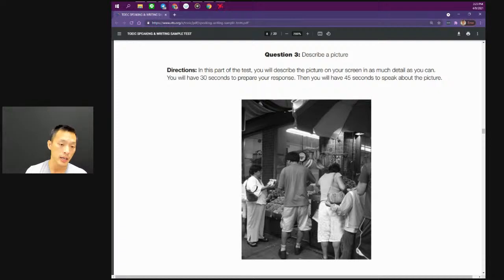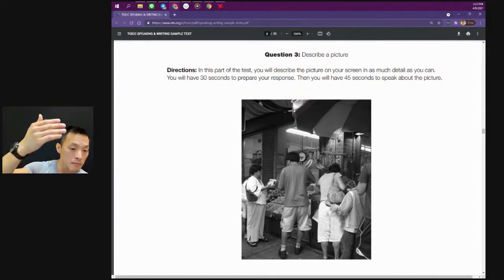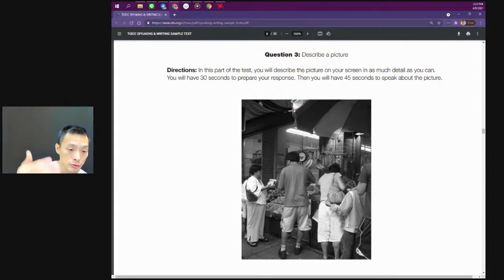Another way of approaching it, instead of going from the biggest setting to the smallest detail, is to go layer by layer. So you could say, hey, in the foreground, I see 5 people, 2 of which are females, 2 are males, and 1 is a boy. In the middle plane of the photograph, I see fruit stalls that are selling many kinds of fruit, for example, bananas, apples, and mangoes.